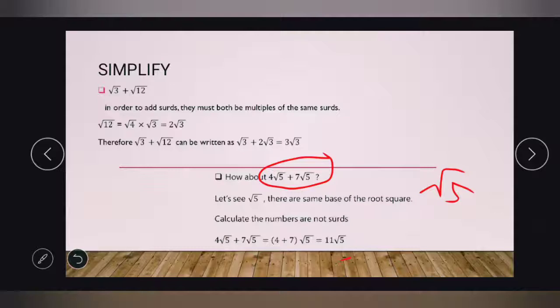The numbers 4 and 7 are not surds. So 4 square root of 5 times 7 square root of 5 equals, we can calculate 4 times 7. 4 plus 7 outside the bracket, the square root of 5 equals 11 square root of 5.